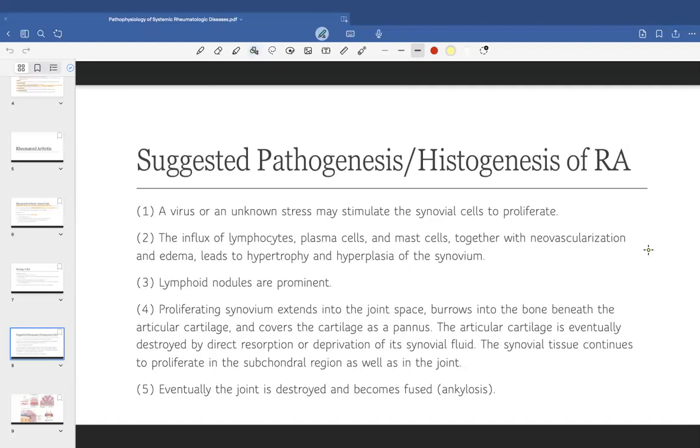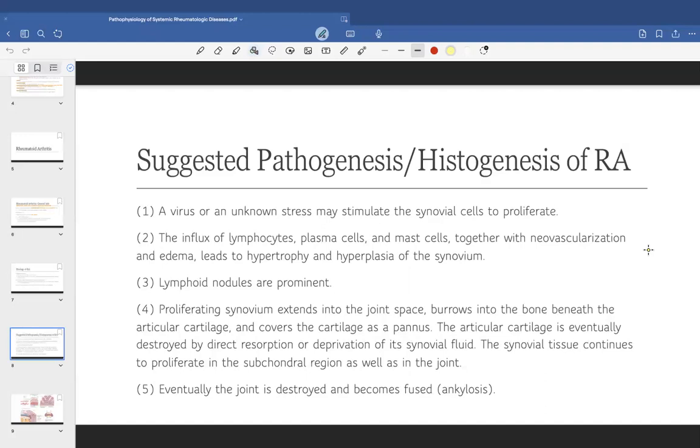As that synovium proliferates and thickens and starts to extend, it's going to extend in between the cartilage and the bone. It's going to find its way, essentially separating that cartilage and bone, creeping over in the synovium on the cap of the cartilage. And so it covers it.